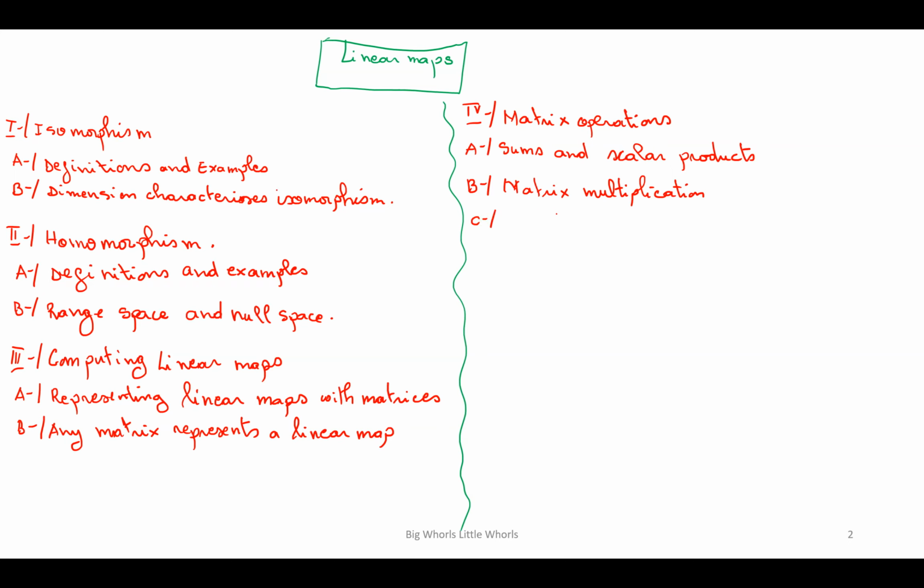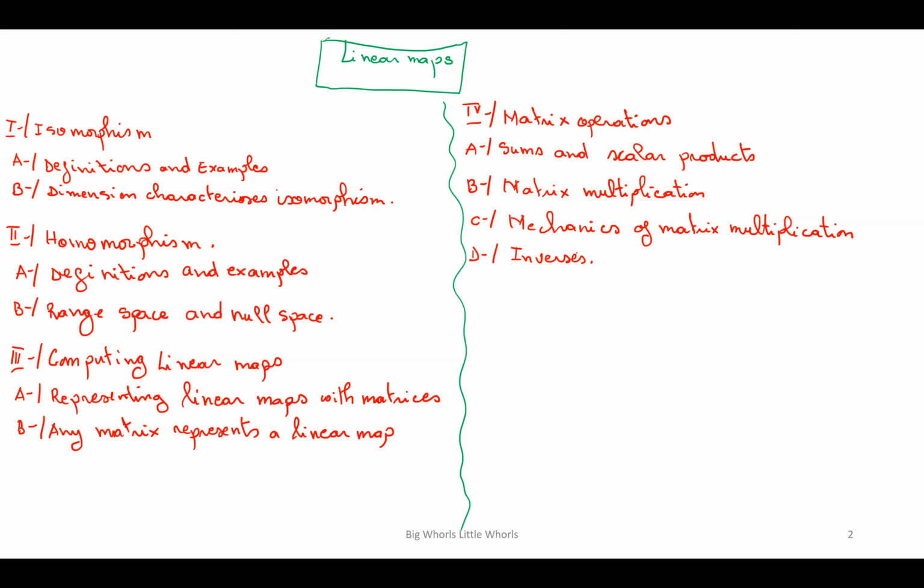In part C, we will see some mechanics of matrix multiplication. And we will end this fourth part with inverses. How do we find an inverse of a matrix?